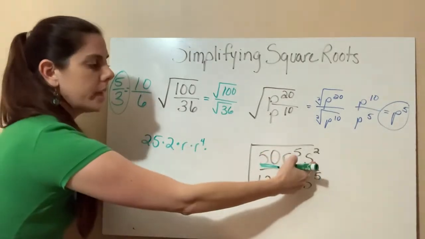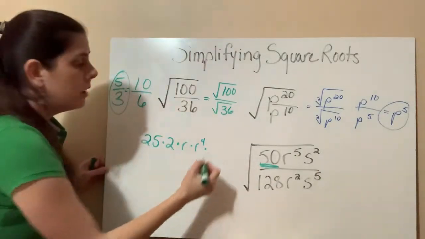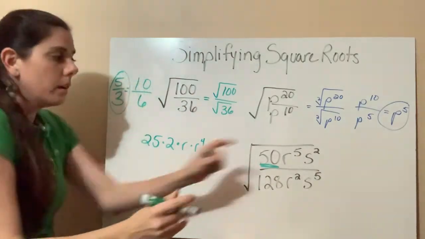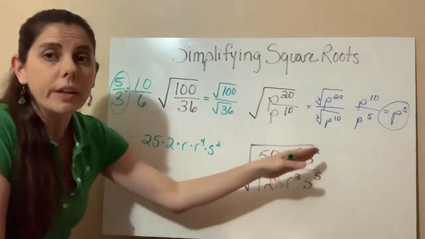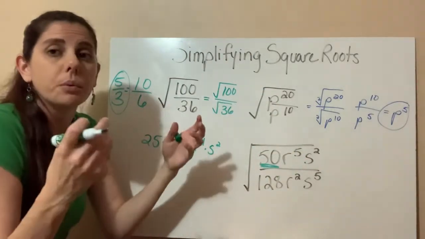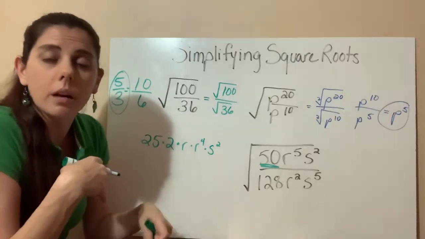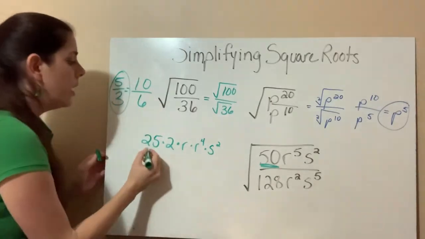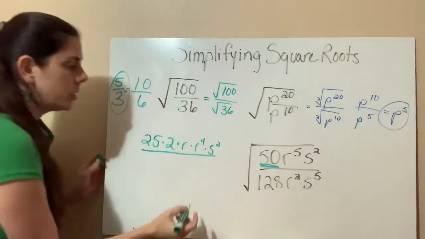Then we do the same thing with this s squared. No, s squared is fine. It's an even exponent, so we can take the perfect square root of it. There's really nothing to pull apart. So that's everything that's on top.